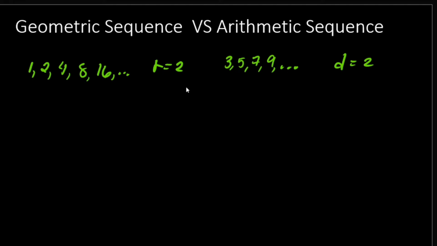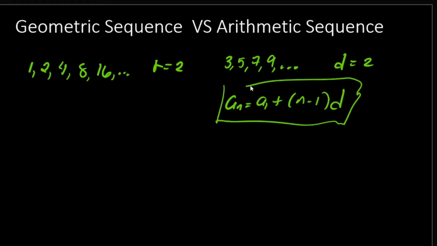We know that the general formula for the arithmetic sequence is a sub n equals a sub 1 plus n minus 1 times d. You can get any term in the arithmetic sequence by using this formula. For a geometric sequence, we have a sub n equals a sub 1 r raised to the power of n minus 1.